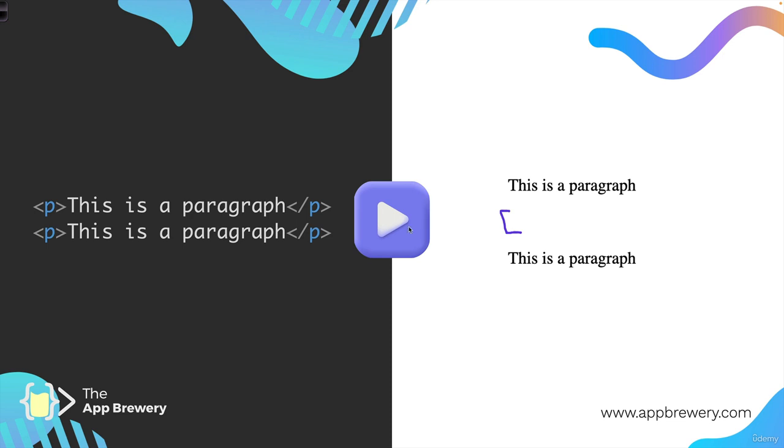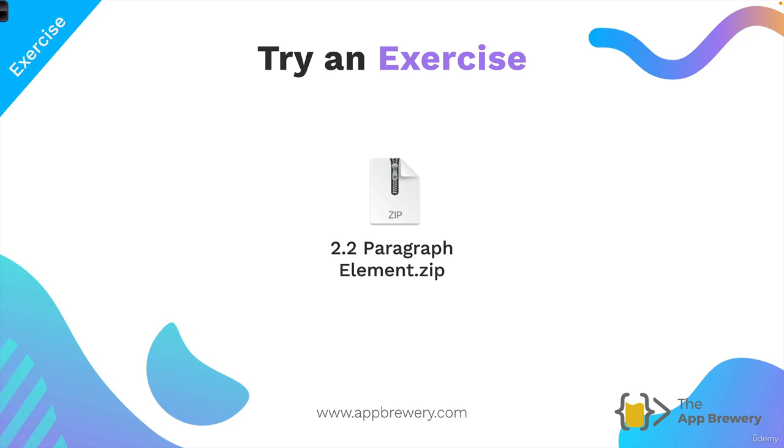And this is also really important for people who are using screen readers, so people who might be blind, because what the screen reader will do is they'll see the beginning of each paragraph element, and it allows the blind user to be able to skip to the next paragraph easily and be able to see what's going on each time. Now let's put those skills into practice by trying an exercise using the paragraph element.